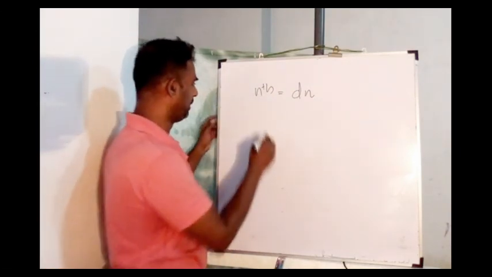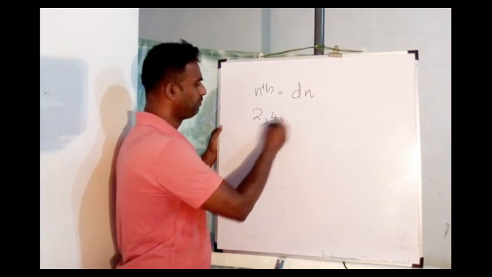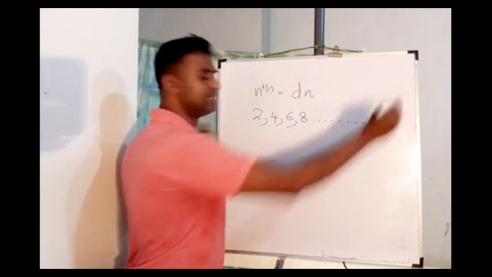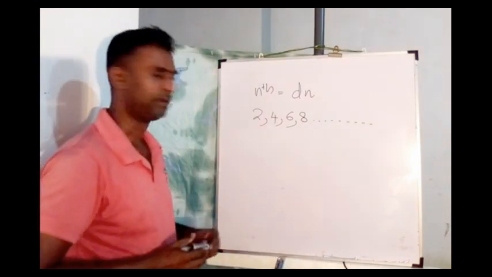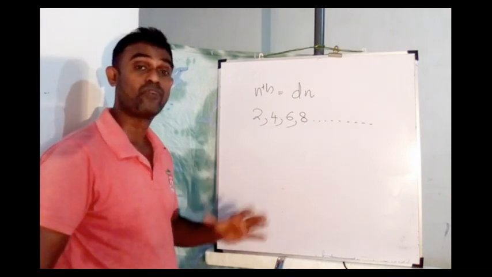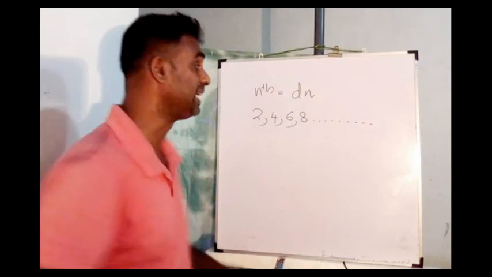You know that d is a common difference. For example, 2, 4, 6, 8. This is the number pattern. In this number pattern, we want to find the 15th term.